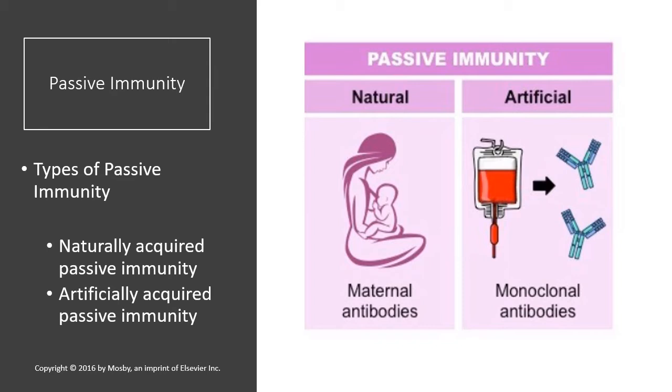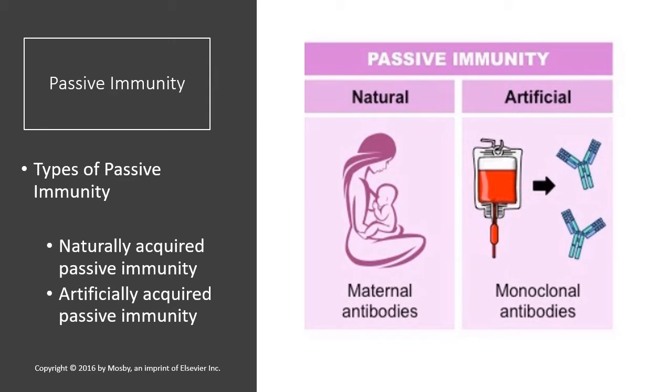Naturally acquired passive immunity is antibodies that pass from a mother to an infant, could be through breast milk, could be in utero, something like that. And artificially acquired passive immunity are antibodies produced by another animal that are made into a serum. These immunoglobulins are specific types of protein antibodies that are stored in serum and plasma.